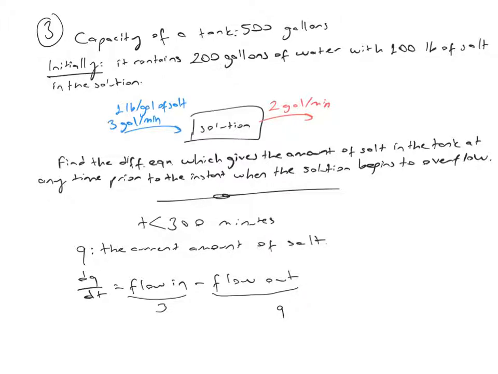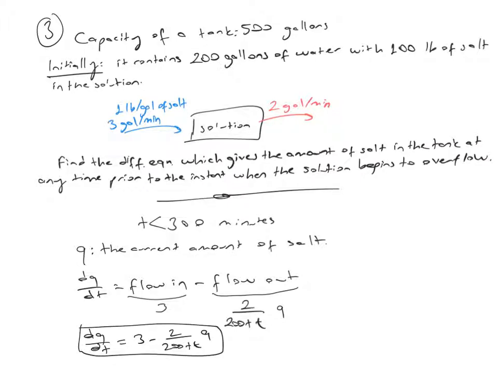The mixture that is flowing out of the tank is 2 gallons, and the total amount of mixture is 200 plus t, because each minute the increase in solution is 1 gallon. So our differential equation is dQ over dt is equal to 3 minus 2 over 200 plus t times Q. This is the differential equation that we look for.